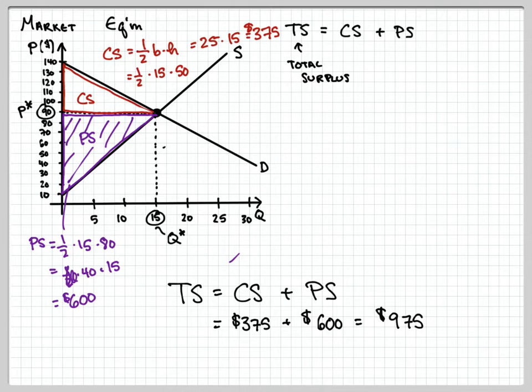So let's focus on which buyers consume the good. At our equilibrium, right here, every buyer whose willingness to pay is greater than or equal to $90 will buy the product. Anyone who is willing to pay $90 or more will buy the good.